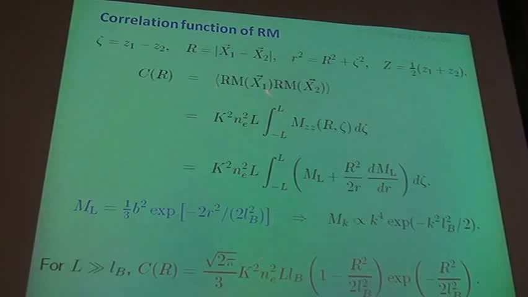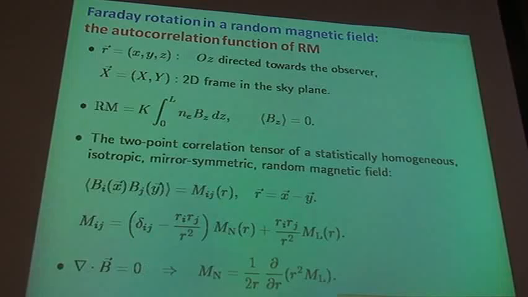So it's a standard calculation. I need to calculate the average of Rn at position x1 times Rn at position x2. Just by definition, we shall introduce a reference frame such that the direction to the observer is the z direction.